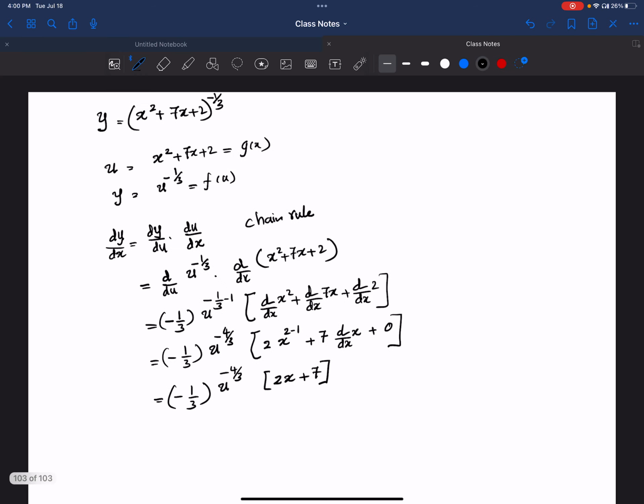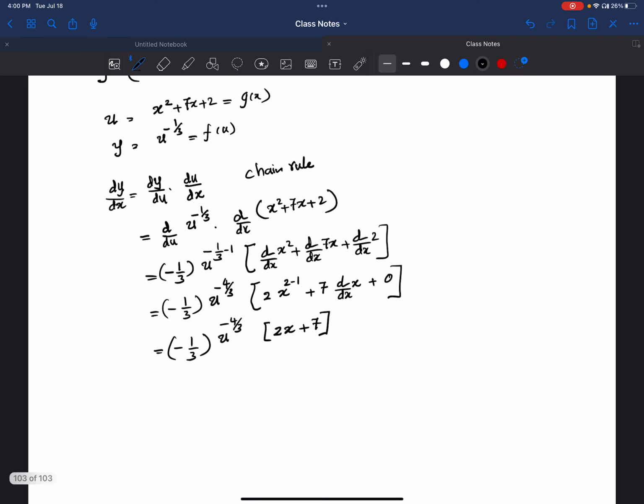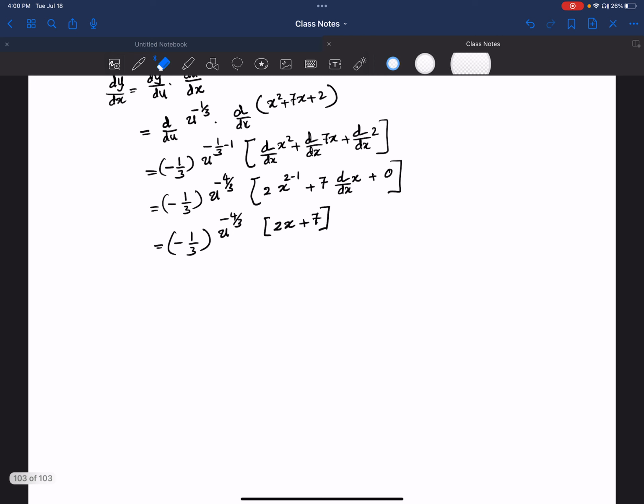And I can substitute for u. U is x squared plus 7x plus 2. So I can put negative one third, x squared plus 7x plus 2 to the power negative 4 thirds times 2x plus 7.